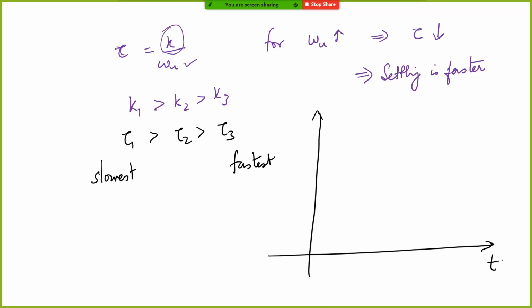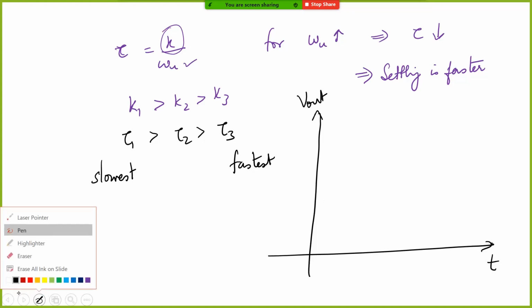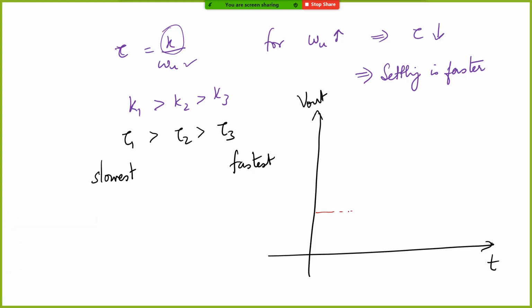If you want to draw this in the same graph, let's say the x-axis is t, and this is your V out. Let's say this is K1 times V in. This is K2 times V in. I said K1 is greater, right?